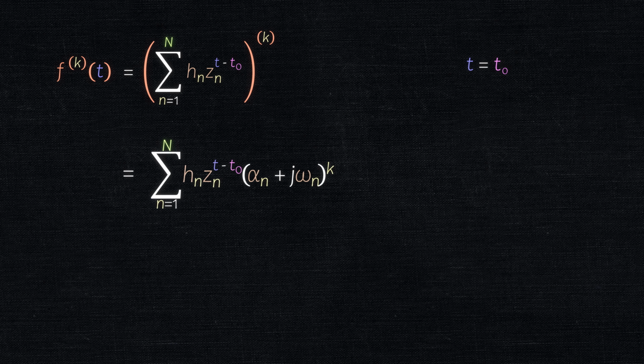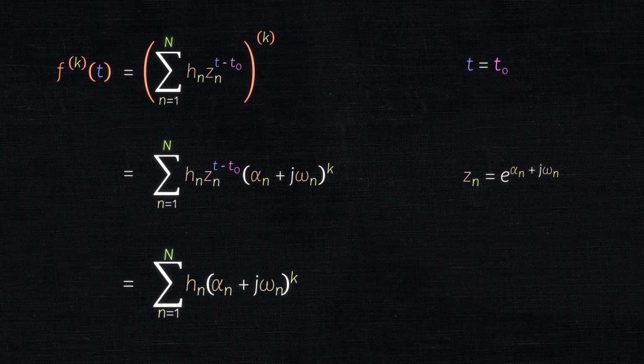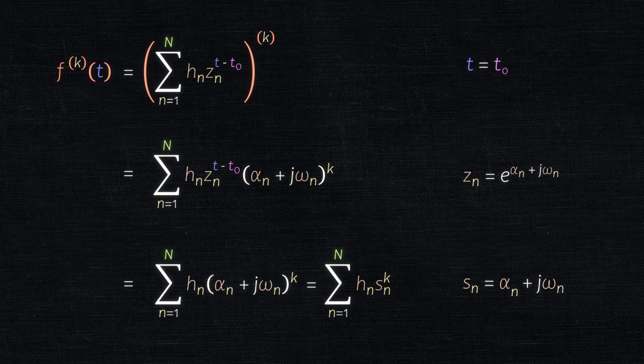Considering that z equals e to the power alpha plus j omega, we get additional factor alpha plus j omega to the power k. Since t equals t0, z equals 1 and disappears.